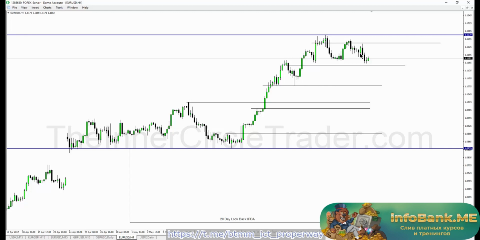But if you can't make a sound argument for entries based on that, then you have to start electing to say, okay, we are in a premium market. Maybe the market needs to go down into a discount to go higher. But if it takes out specific discount arrays, then we're probably changing tide, and it's going to want to go lower, more on an intermediate term basis versus a short term basis.